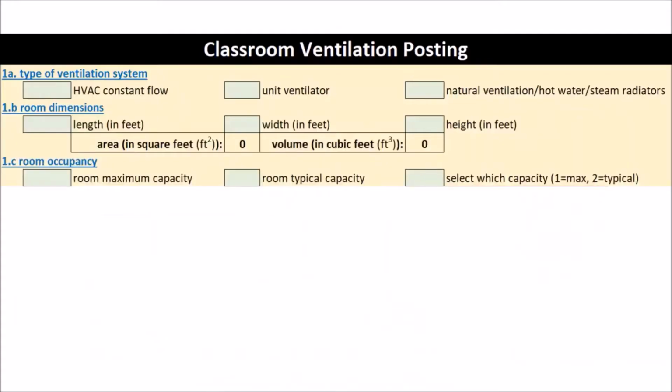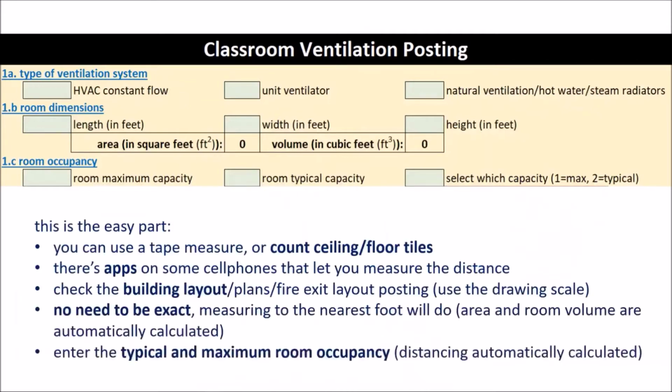So here we have a spreadsheet, and the first section is about the ventilation system, what type it is, the dimensions of the room, and the room occupancy. So this is the easy part. You can use a tape measure or count ceiling or floor tiles. There are even apps on cell phones that let you measure distances. You can check the building layout or the plans or even the fire exit layout posting if it has a scale drawing.